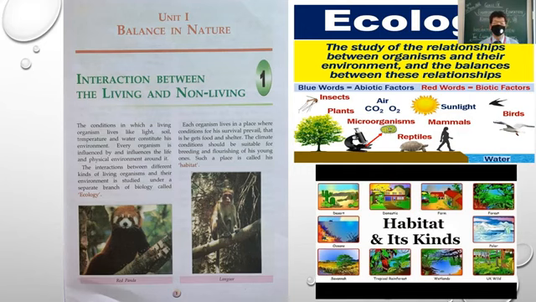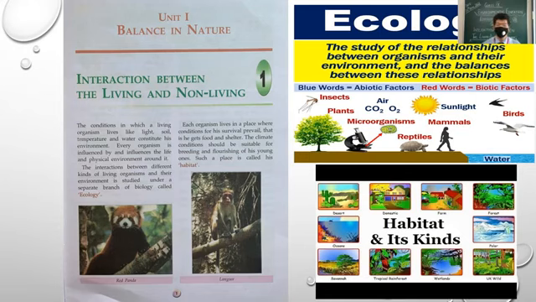The climate conditions should be suitable for breeding and flourishing of its young ones. Such a place is called its habitat. So here you can see what is ecology. Ecology is the study of the relationship between organisms and their environment and the balance between these relationships.